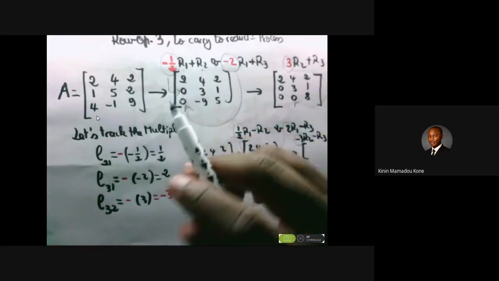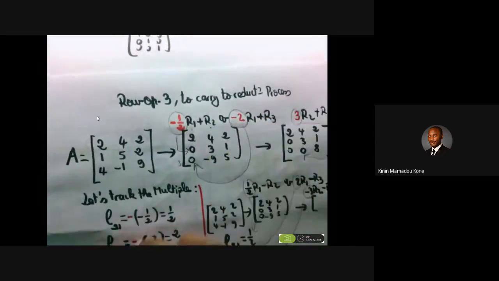If we take the identity matrix and look at the first operation, it will be a matrix called E sub 1. That E sub 1 is the identity matrix, 1, 0, 0, 0, 1, 0, 0, 0, 1, and we apply that row operation to it, negative 1 half row 1 plus row 2. That's going to be equal to this new matrix E1.